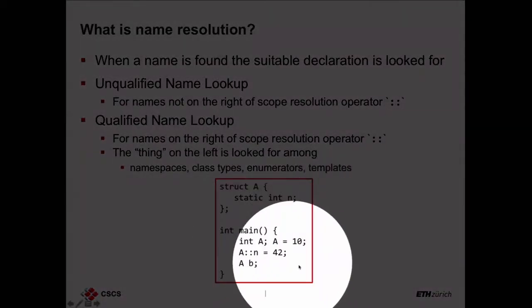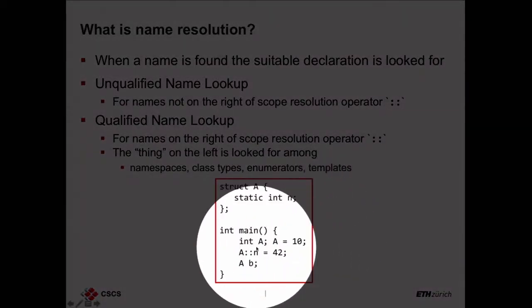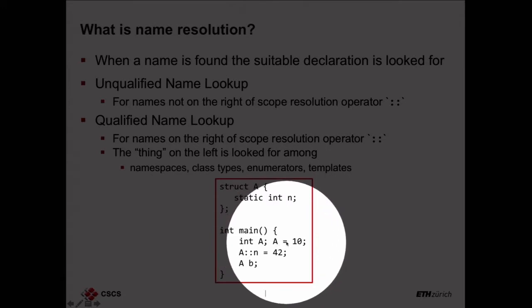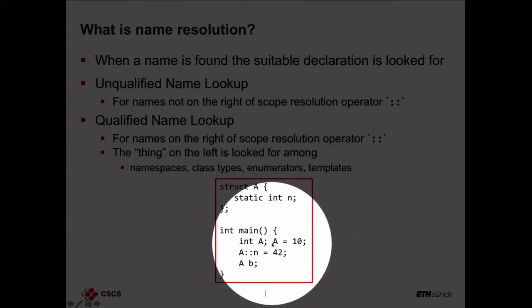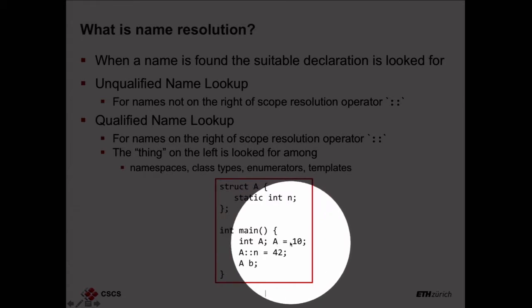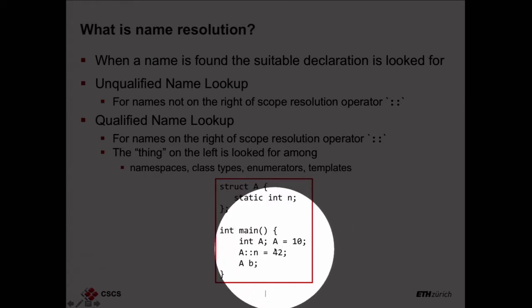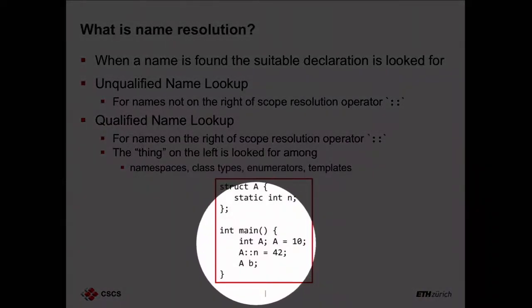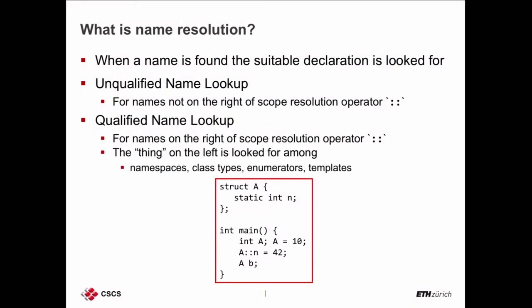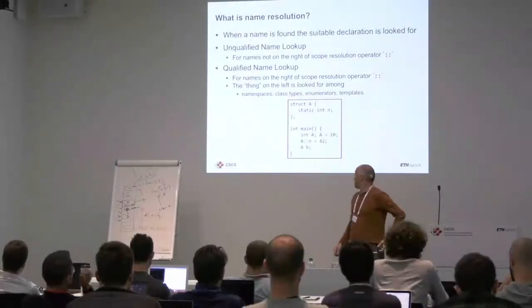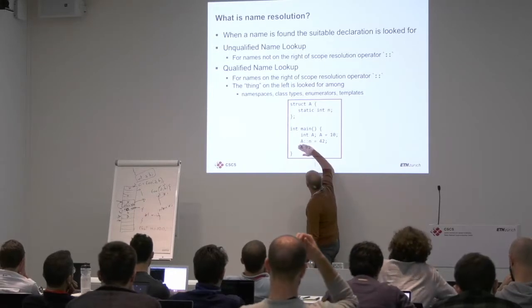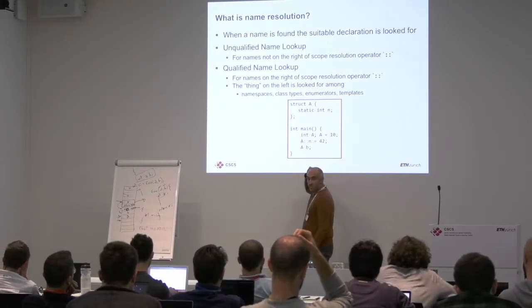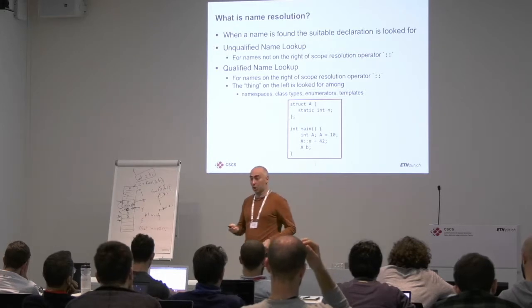If I'm doing int A and A equal 10, this is totally valid. When the compiler sees A equal 10, it goes to the scope and says, what is A? The first thing it finds is an integer variable, which is A. I assign 10 to A. So this code works up to this point. This is perfectly legitimate code.